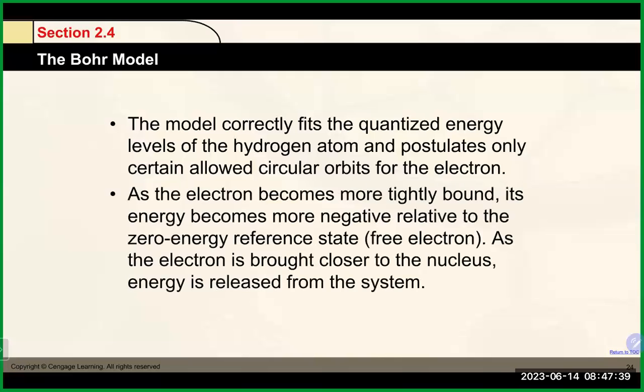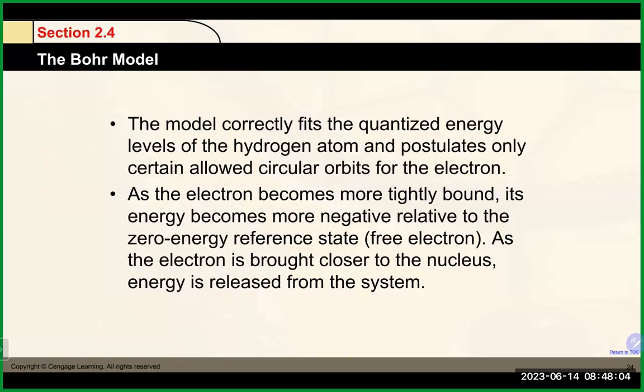So the model correctly fit the quantized energy that we do see with the hydrogen atom, as they have these nice circular orbits around the nucleus. But the electron becomes more tightly bound. Its energy is more negative relative to its reference point, and the electron is brought closer to the nucleus as energy is released from the system.